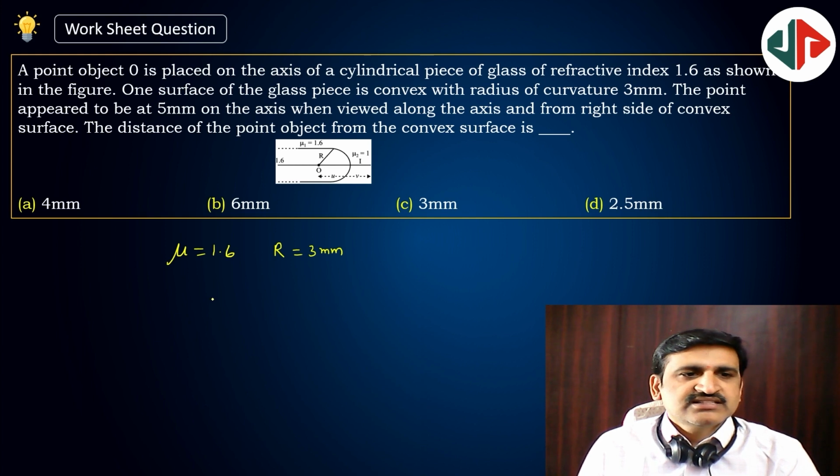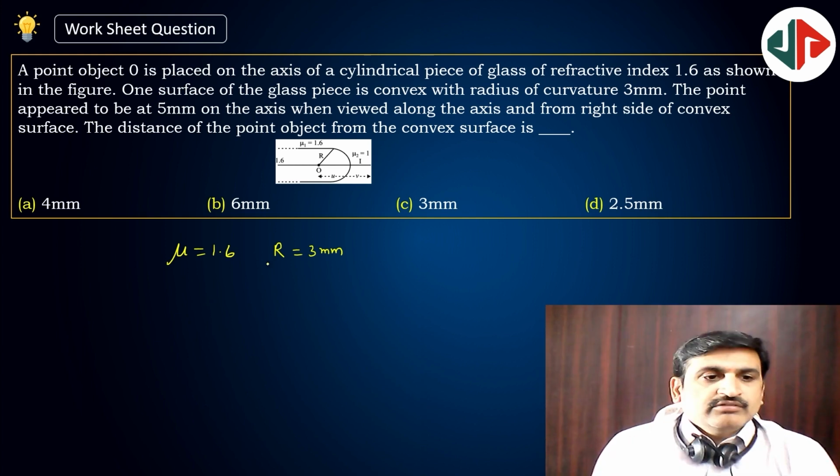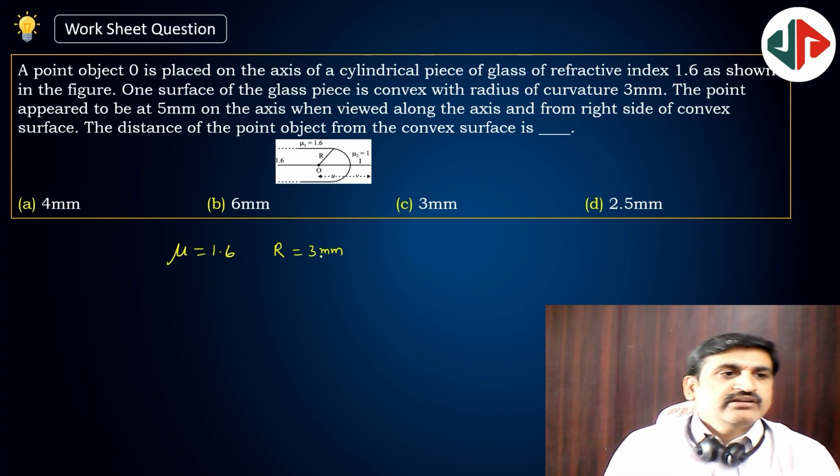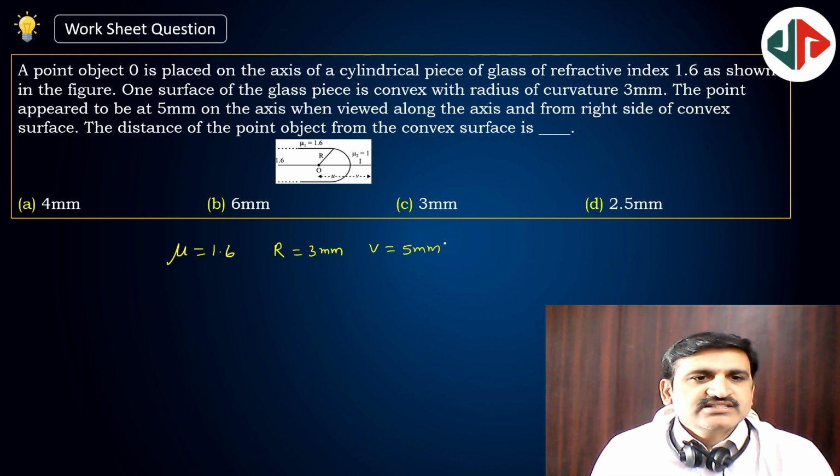The refractive index is 1.6 and r equal to 3, noted. The point appears to be at v equal to 5 mm on the axis, right side of the convex. The refractive indices are there, mu2 is equal to 1.